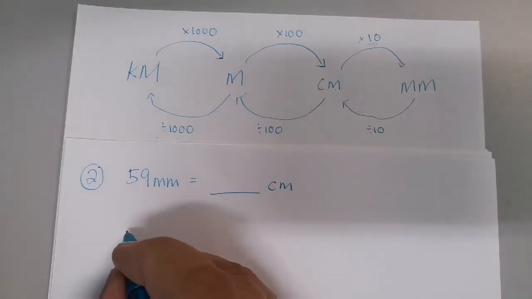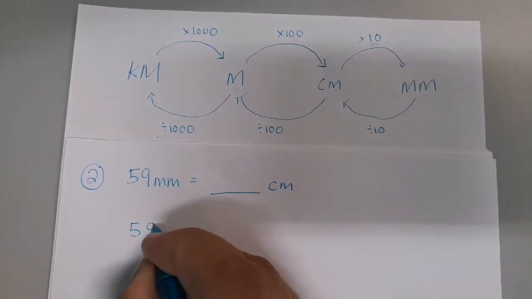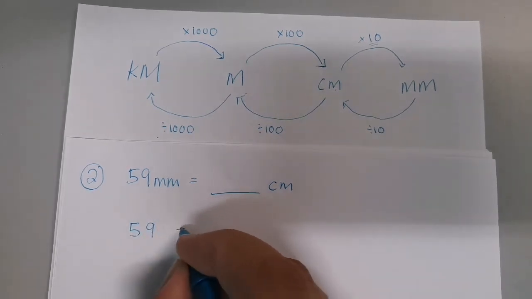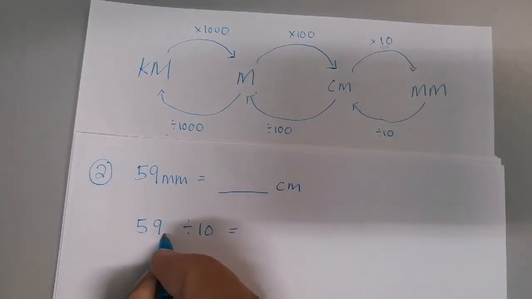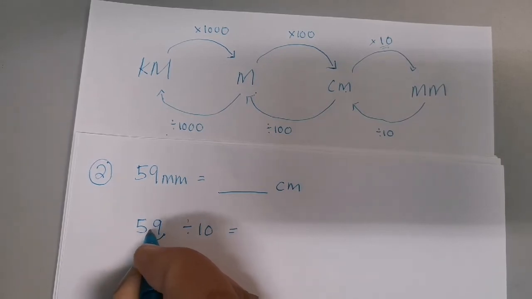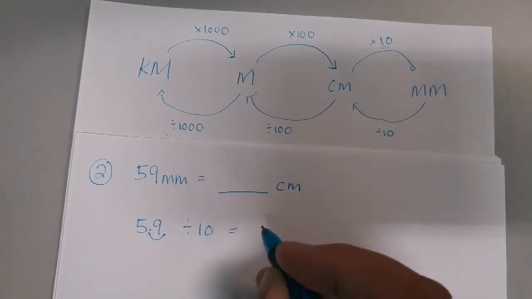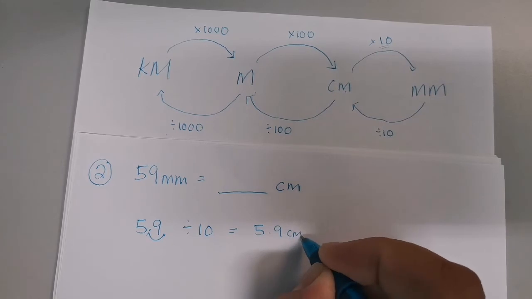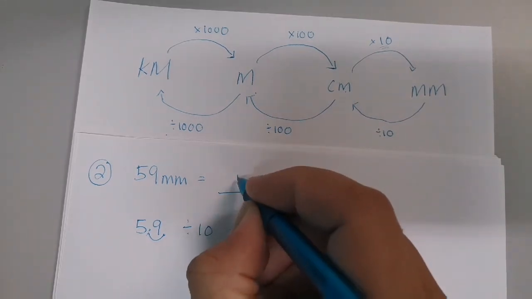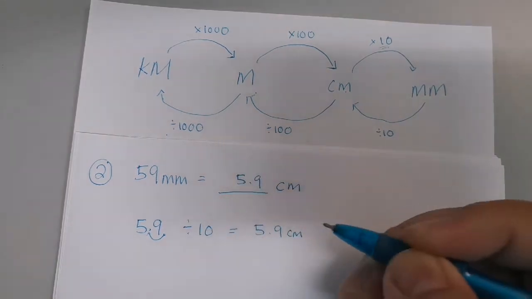You can also use the decimal point method. 59 divided by 10. The decimal point is here. You shift the decimal point to the left. So your answer should be 5.9 centimeter.